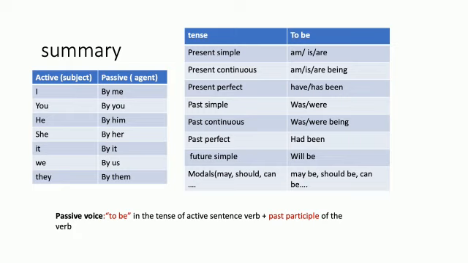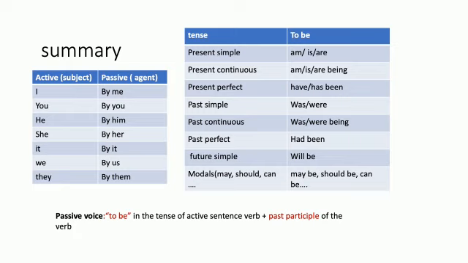Present perfect: have or has, you know that has goes with he, she and it, and have with the other personal pronouns. Past simple: was and were, was with I, he, she and it, were with we, they and you. Past continuous: was or were, being, etc.